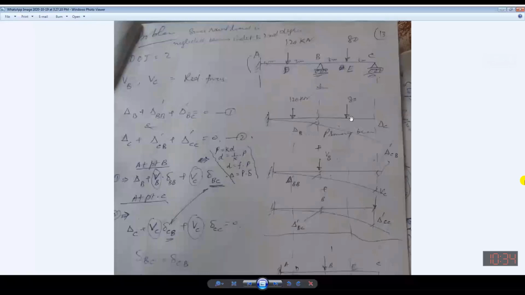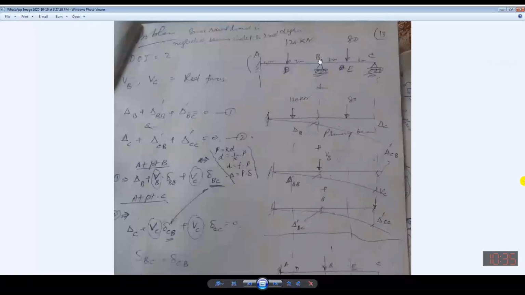Separately, considering the principle of superposition, on one beam VB has been applied. On the next one, VC has been applied. So you must listen carefully, must be vigilant. At the locations where you have considered the forces as redundant, you need to find out the deflection or rotation.